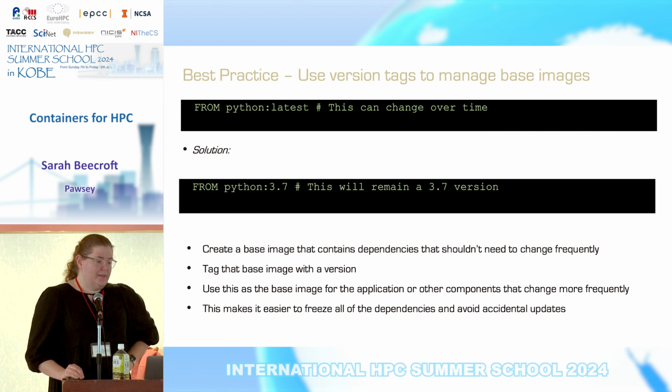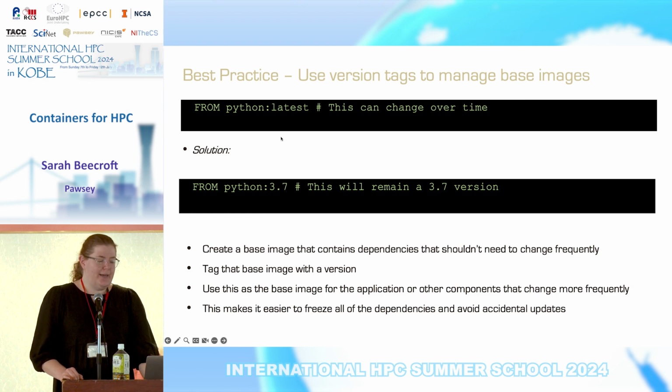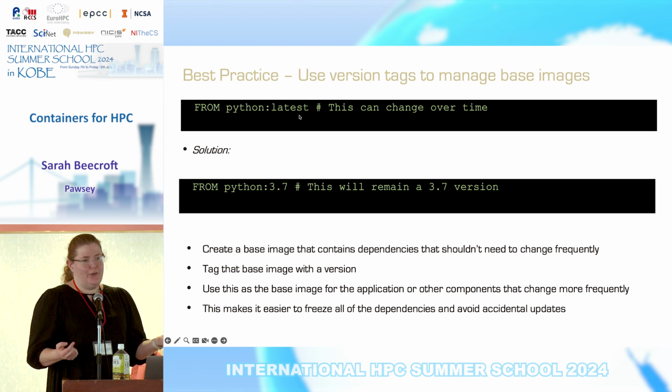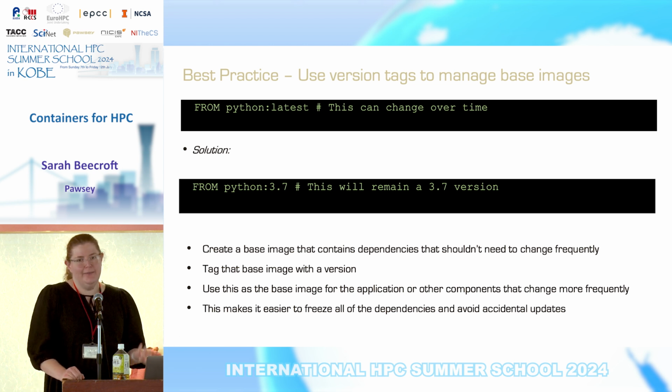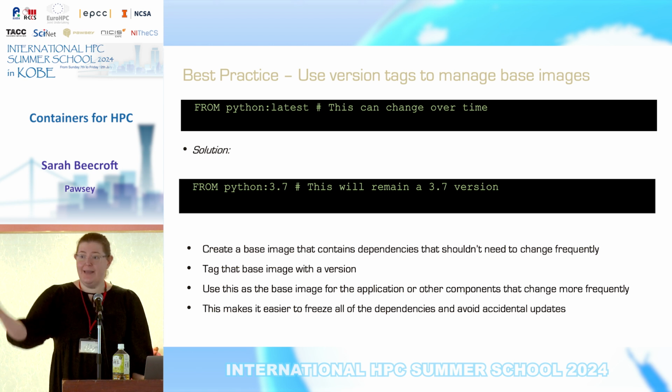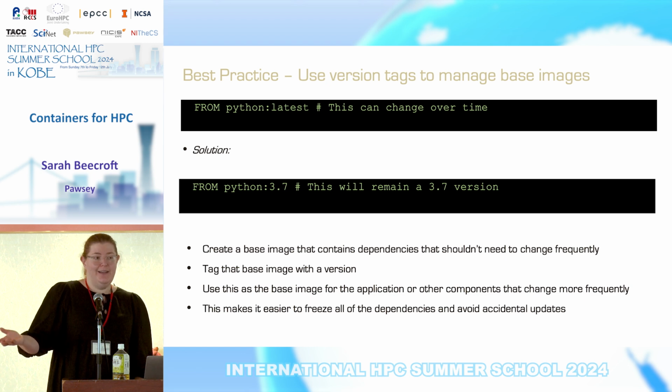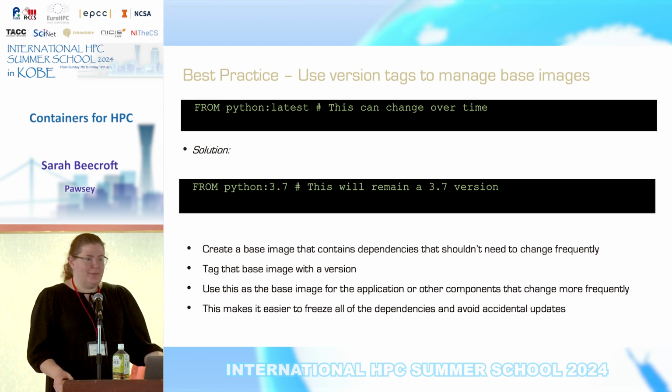The other thing is, where possible, being really pedantic about version tags. By default, you can have the latest tag on a lot of containers. So if I just pull Python latest, well, what version am I getting? I don't know. Whatever happens to be the latest on that day when I'm building the container. But next week, it could be a totally different version, and in a year's time, it's going to be very different again.